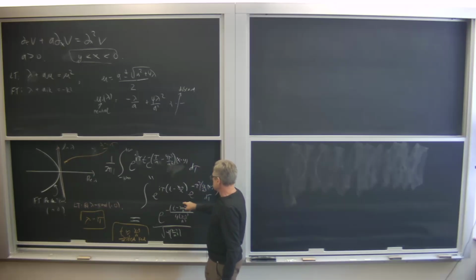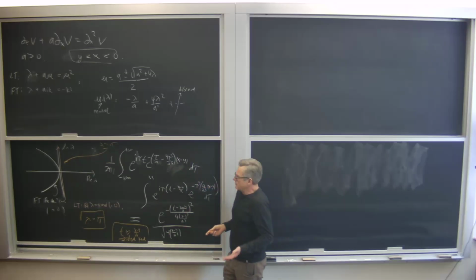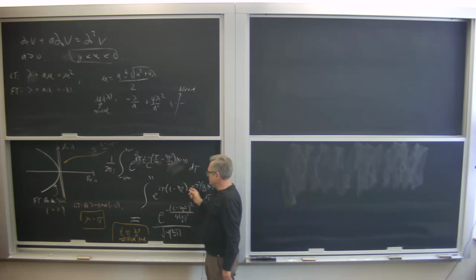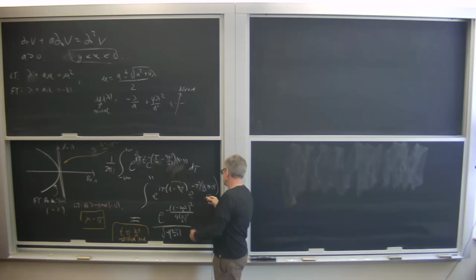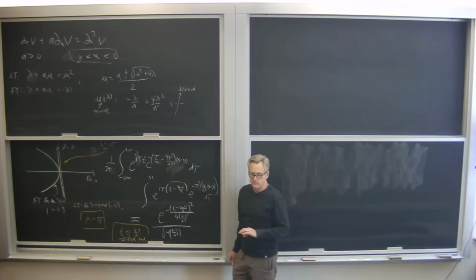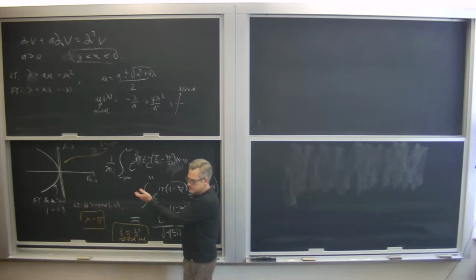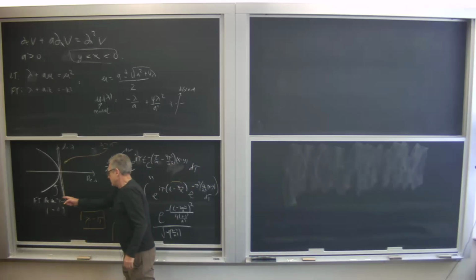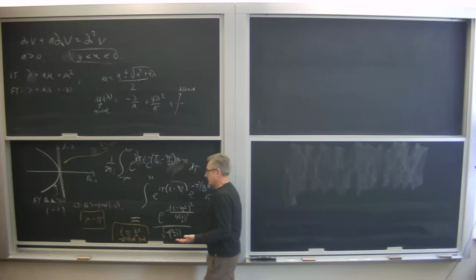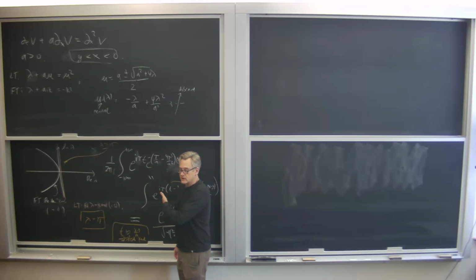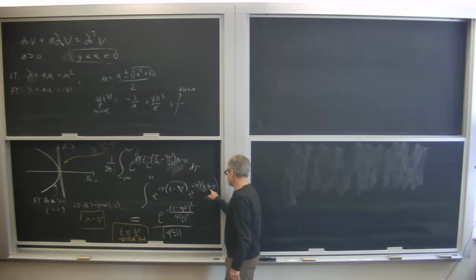But now I can rewrite this in the form of, we know it's a Fourier integral to begin with, but I want to write it like this. It's a Fourier integral in t minus (x minus y) over a, and there's a Gaussian again. The only Fourier transform fact that we needed for the Fourier case was that the transform of a Gaussian is a Gaussian, and that's all we need here too.